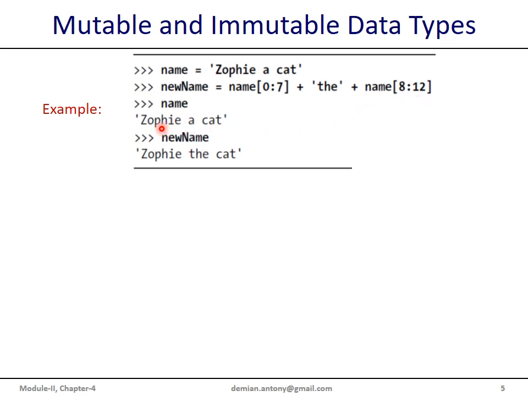Thereby we can have a new string which is just a manipulation of the old string. Here we had a old string Zophie a cat. Now it has been modified as Zophie the cat. Remember, string is immutable. In order to change the string, you can extract the portion of a string and you can concatenate other characters to it. Thereby the new string which is created with the concatenation can be used further.